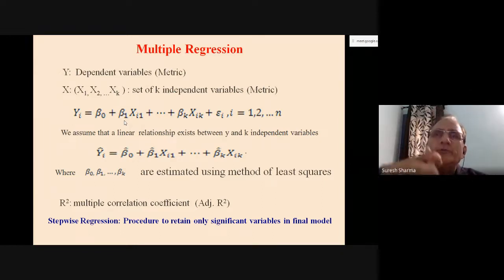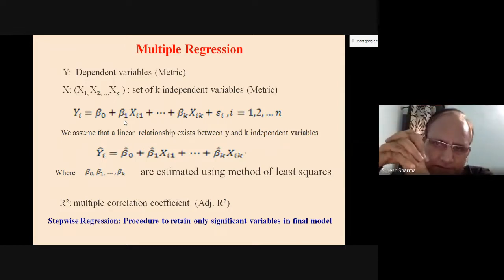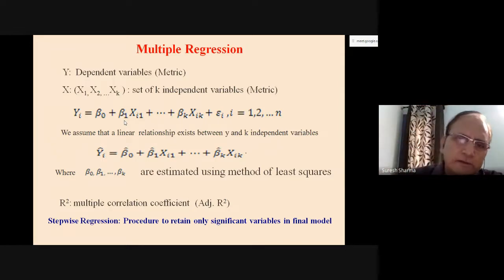Now here are two important questions. Number one, you are presuming that y can be estimated based on x1, x2, xk. Now, do you think whatever independent variables you have taken, they will all predict y? Maybe, let's say k is 10.